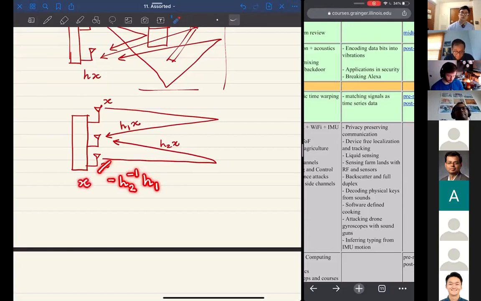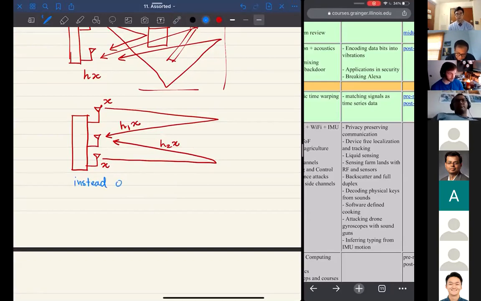This is what is X. Let me write that. Instead of X, I send the new X' equals minus H1 H2 inverse. This is the signal.